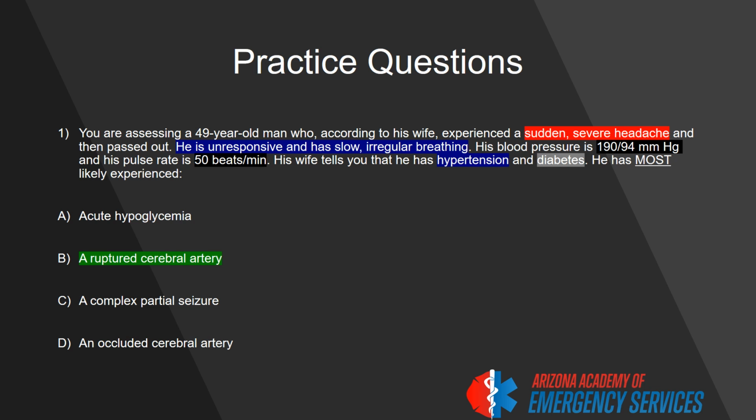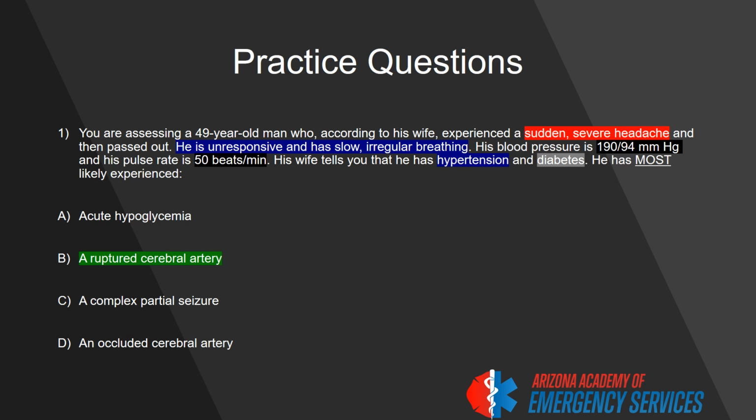The number one cause of a hemorrhagic stroke is a ruptured cerebral artery or an aneurysm, which is a weakening of the vessel, and the vessel starts to balloon out, and eventually that vessel can't hold the pressure anymore and it ruptures. So the number one cause of a hemorrhagic stroke is a ruptured aneurysm in the brain, and the number one cause of an aneurysm is uncontrolled hypertension.